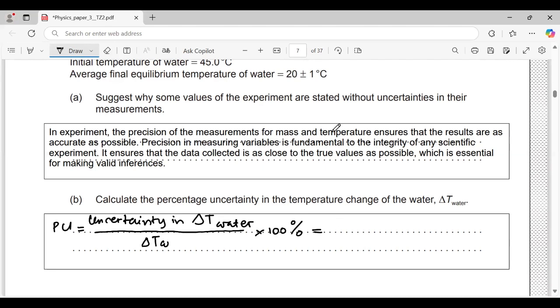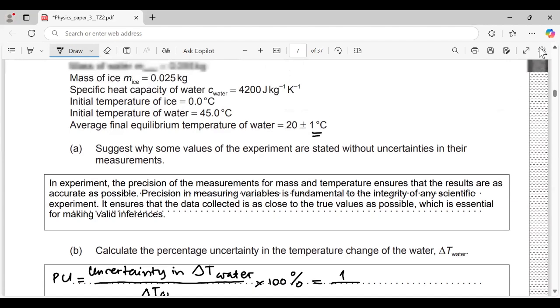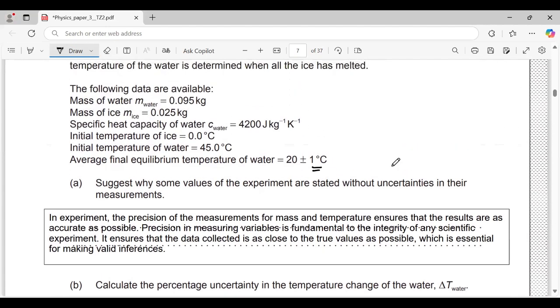Uncertainty is 1, this one, over the change in water temperature.